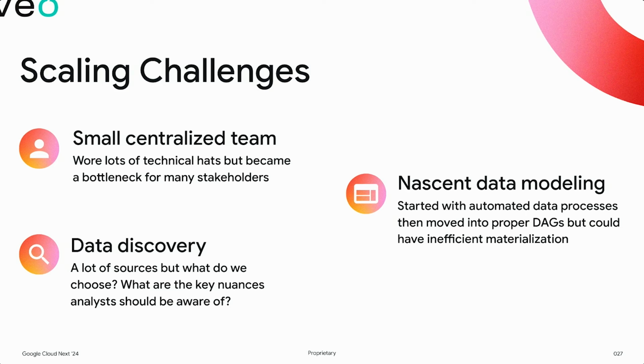Data discovery, and that ties in with the other point here of nascent data modeling. We are changing our data pipelines pretty often. That means that tables that people once were using can be pulled out from underneath them to swap it for something else that's new, or we change the materializations to make them much more efficient in terms of the general compute costs in BigQuery.